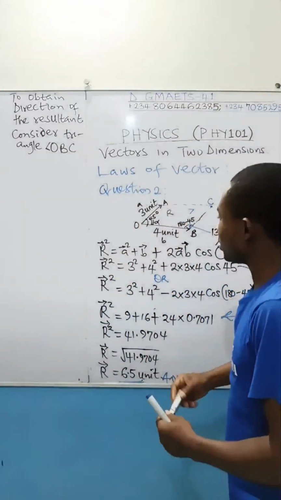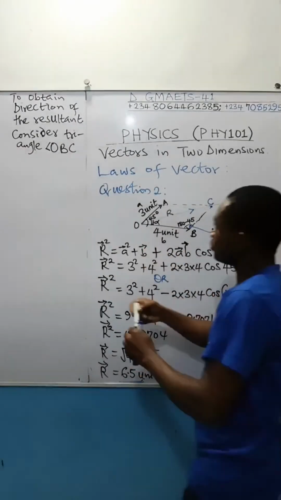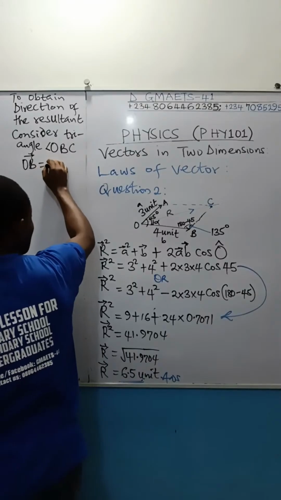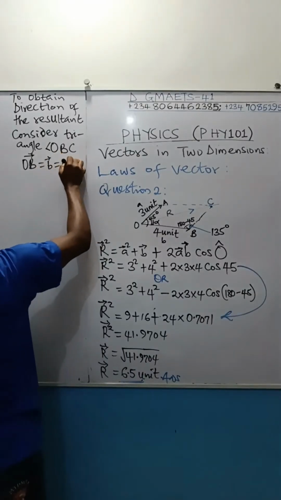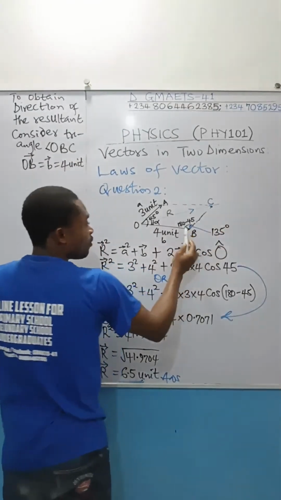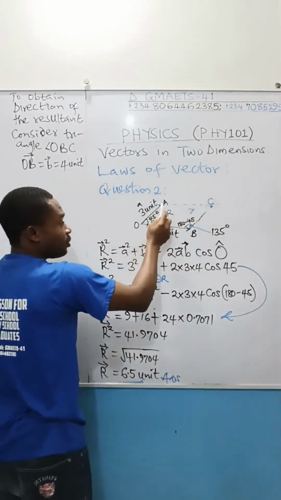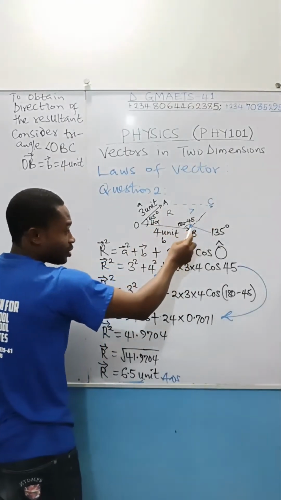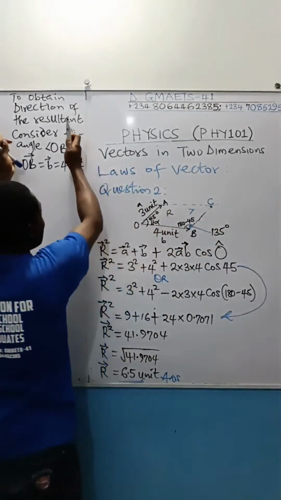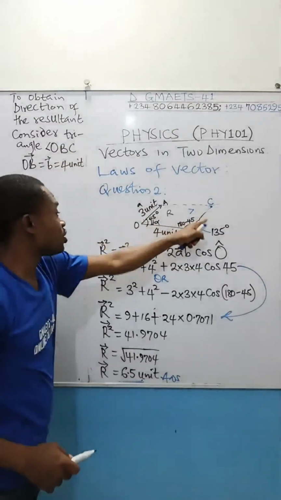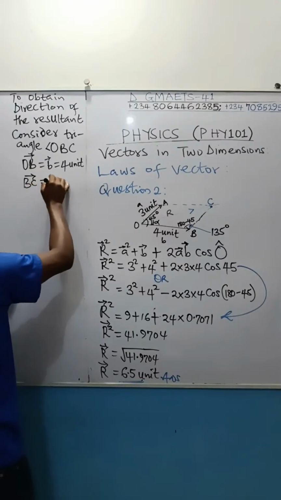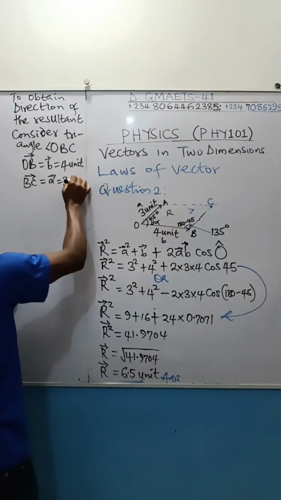You know OB, vector OB, which is equal to vector B. The value is 4 units. Then vector BC is equal to vector OA because they are parallel. You can see both of them. Hence, they are equal. Which means that BC, which is part of this triangle we are considering, is also equal to OA. So vector BC is equal to vector A, and the value is 3 units.